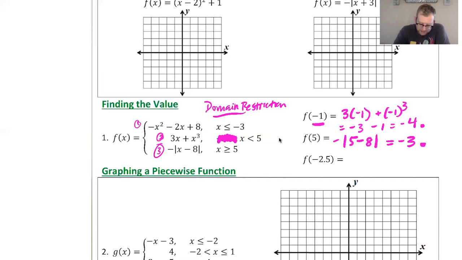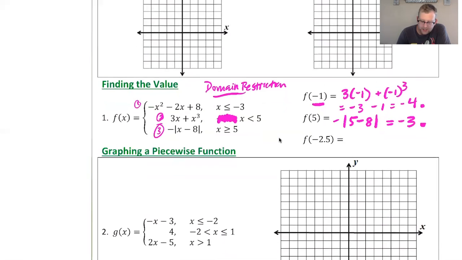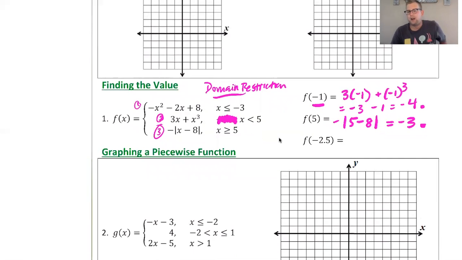Finally, our x value in this problem is -2.5, and we are going to check which of these functions it will fit into, if any. Is -2.5 less than or equal to -3? The answer is no, because the numbers that are less than -3 are like -4, -5, so they go in the opposite direction. Is -2.5 between -2 and 5?